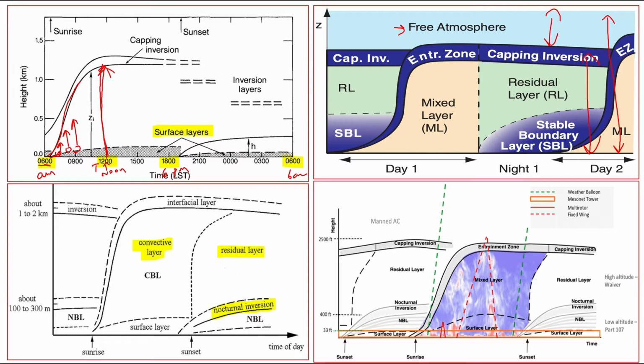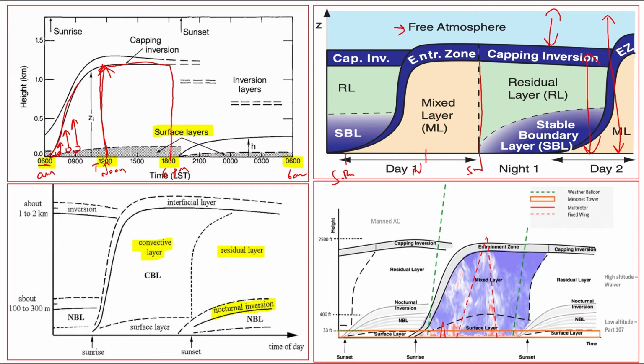Then the maximum boundary layer height is almost constant up to the sunset condition. This is during the sunrise, this is the noon, then this is during the sunset.